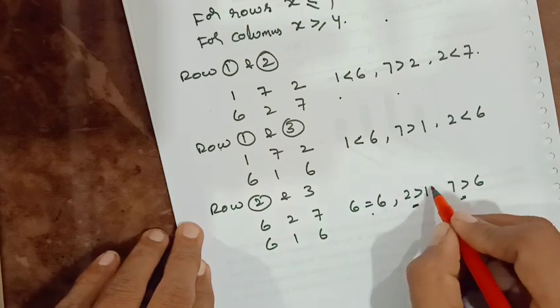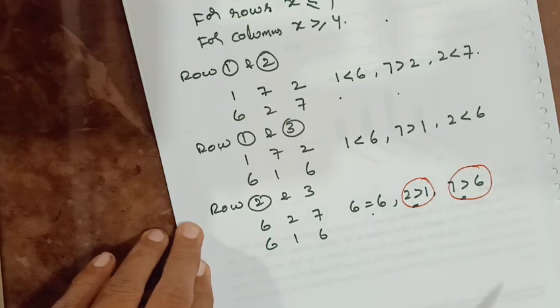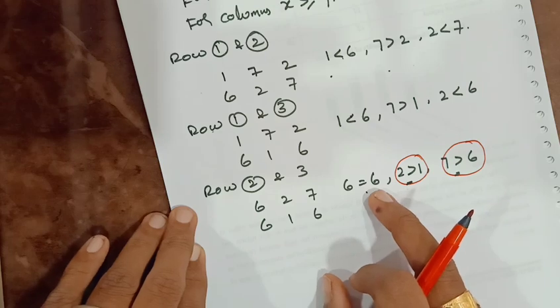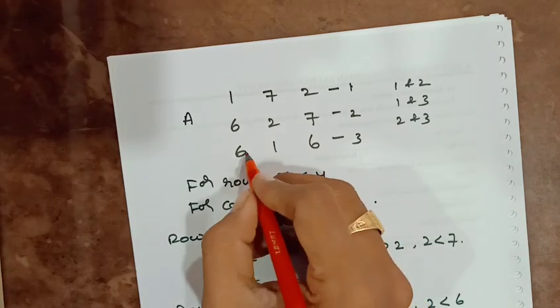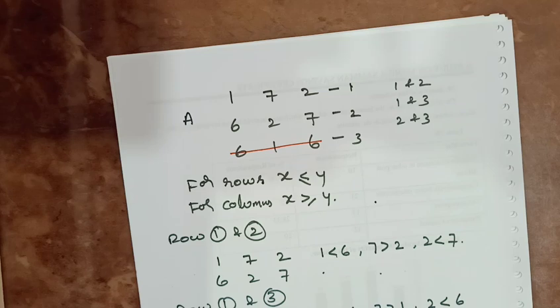See, here 2 is greater than 1 and 7 is greater than 6. So hence we will be deleting this particular row. So the third row will be deleted.